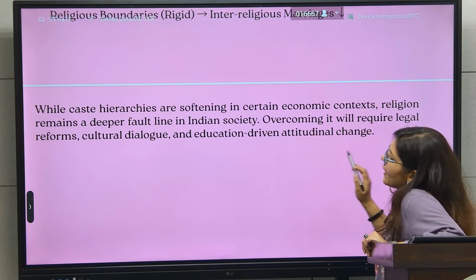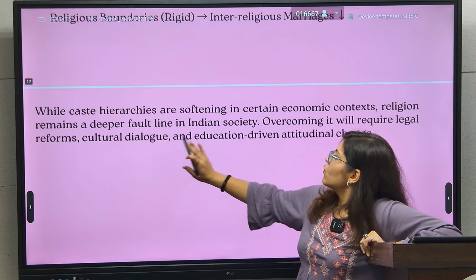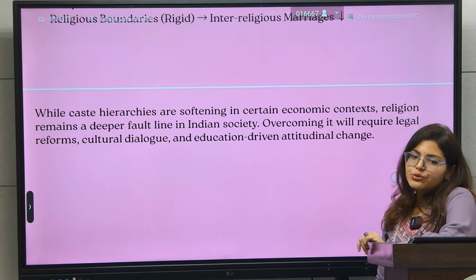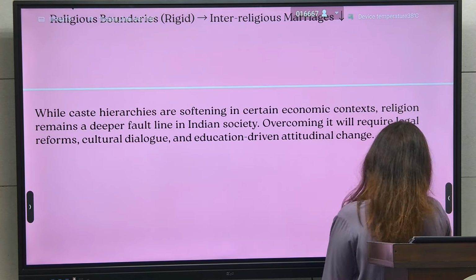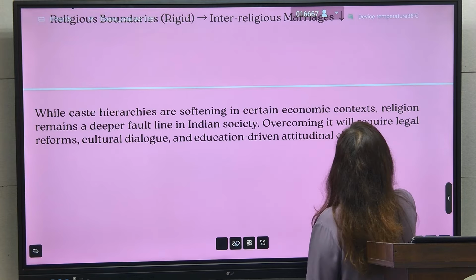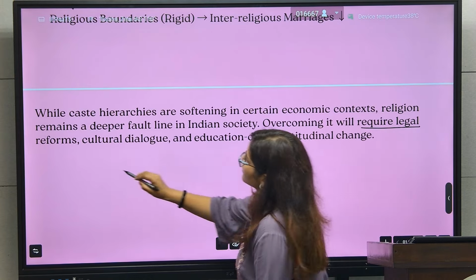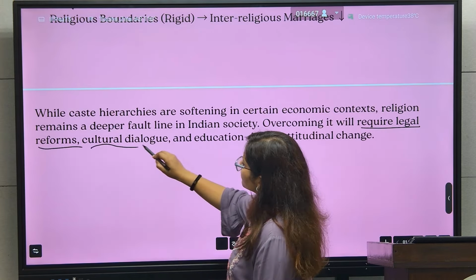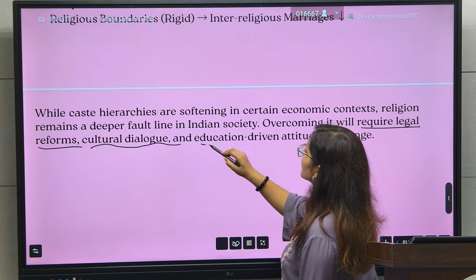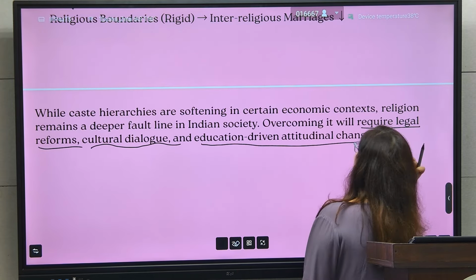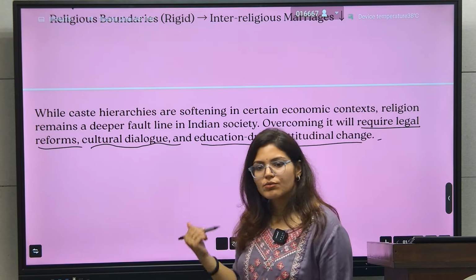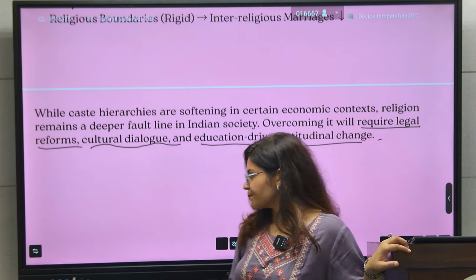Overcoming it will require legal reform, cultural dialogue, and education-driven attitudinal change. So what are you giving? You are giving some recommendations. One is legal reform, second is cultural dialogue, and third is education-driven attitudinal change. In this way you have to conclude your answer.